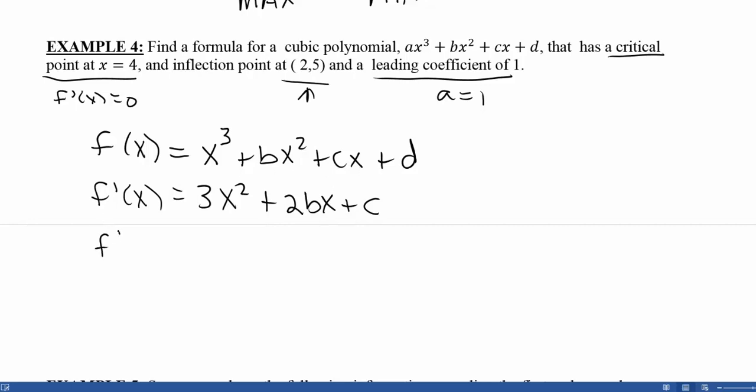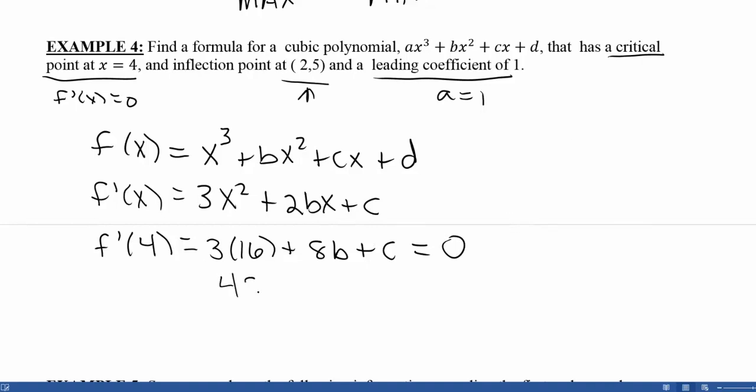That also means that if I plug a 4 into my first derivative, then the whole thing will have to equal 0. So here, if I plug in a 4 everywhere, this is going to have to equal 0. So this is 48 plus 8b plus c equals 0.